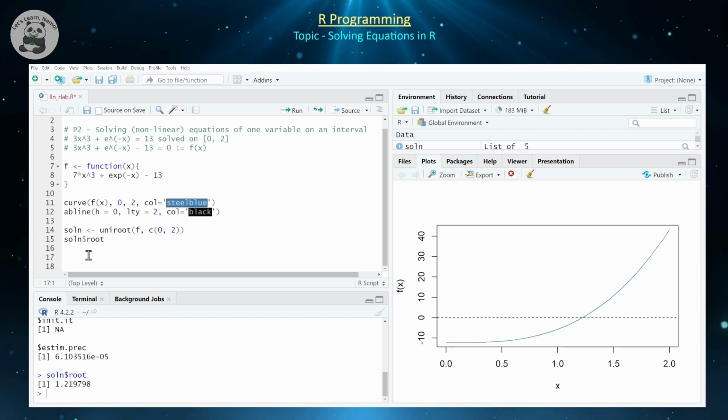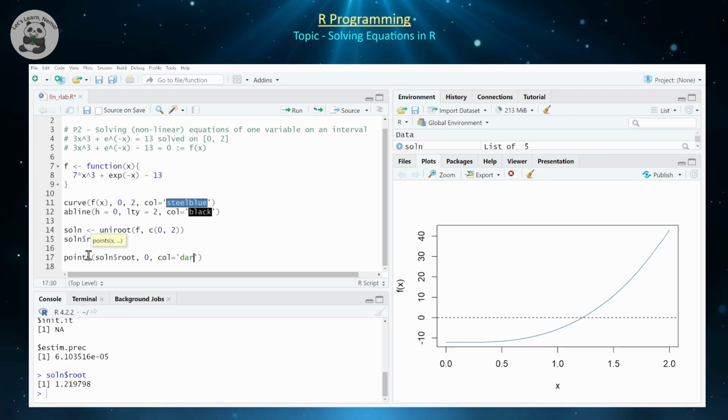So what I want to do is plot this point on this graph, and hopefully it occurs where that dotted black line and that blue curve cross each other. And hopefully it works. So we're going to plot on the x-axis soln$root, that value that we obtained, y-intercept 0, and let's color it in a different color.